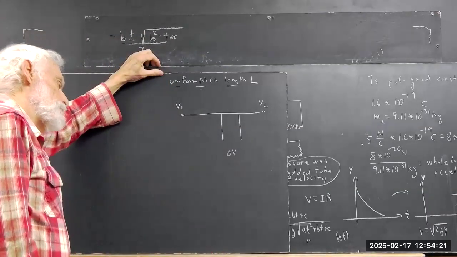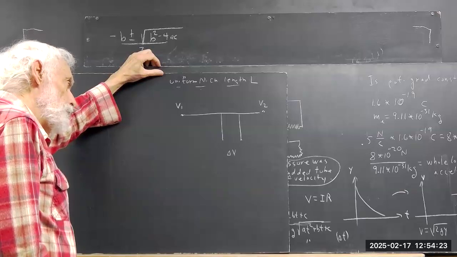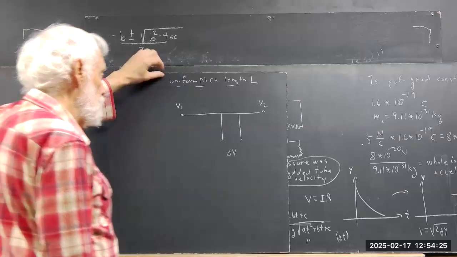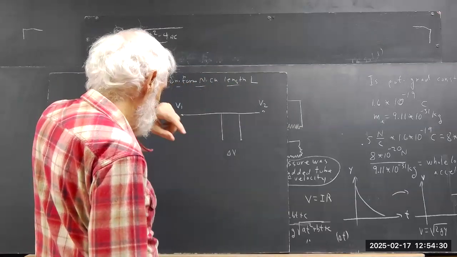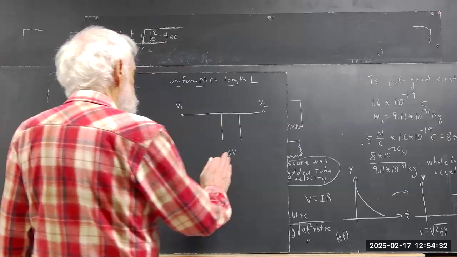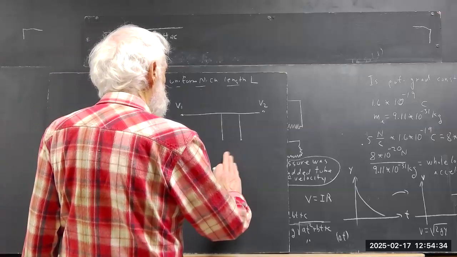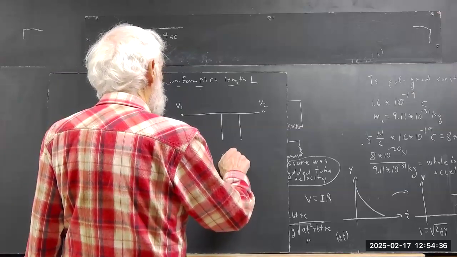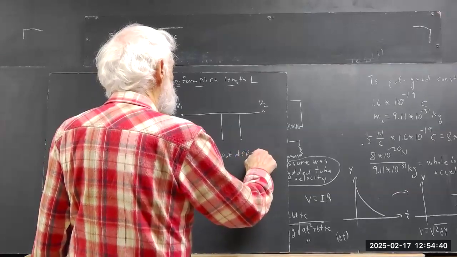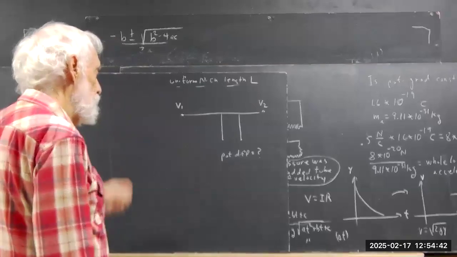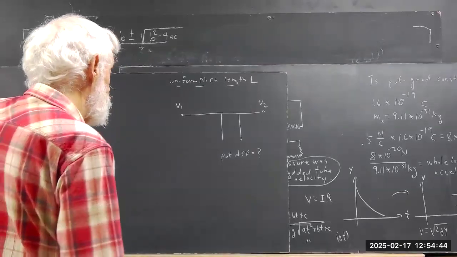Okay, well, I'm having a notational meltdown here. I want to use delta V for the potential difference here. I don't want to use it here. So we're just saying potential difference equals what?